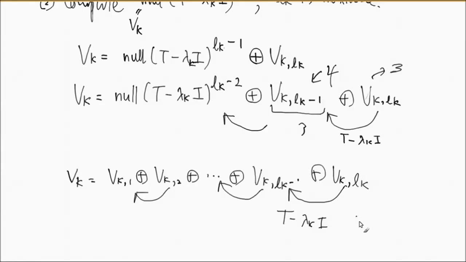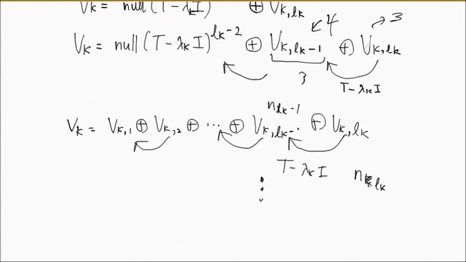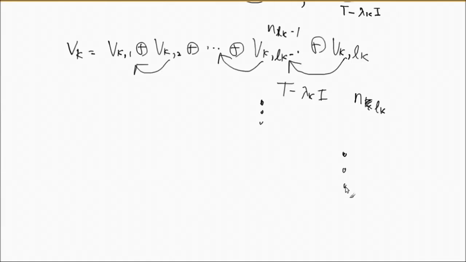So if this has a dimension nk, the next one, because it's injective, has more dimension, potentially. Because it's all injected in there. And here's nk and lk, k minus 1, and so on. So you have a tree of possibilities like this. I started with 3 of them in here. I have 3 vectors, right?